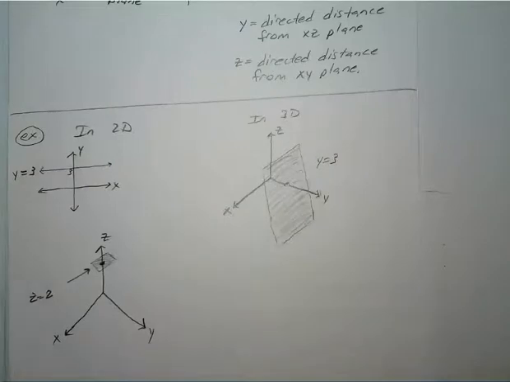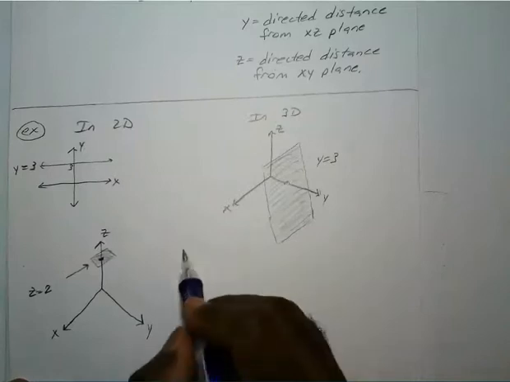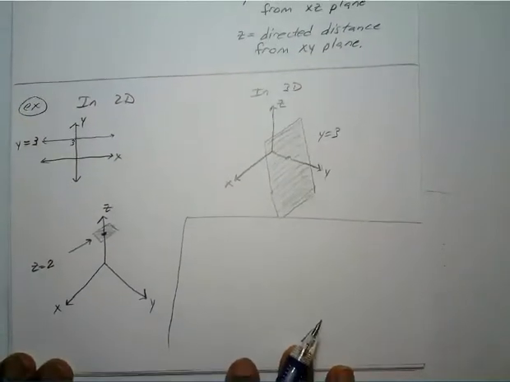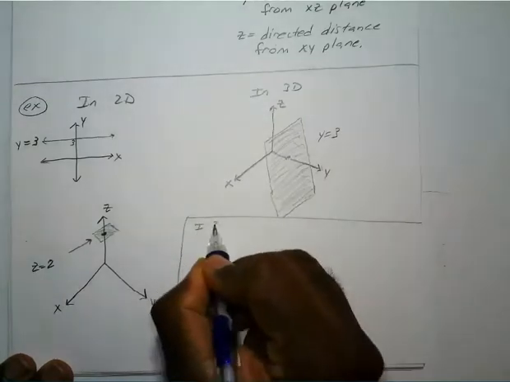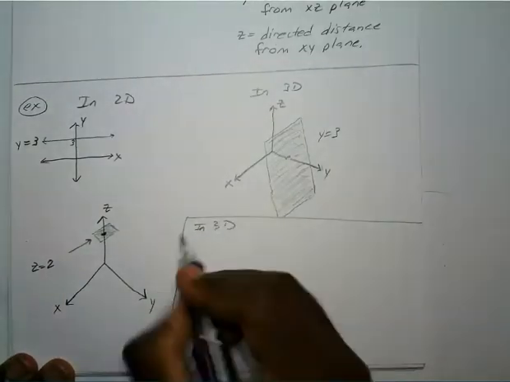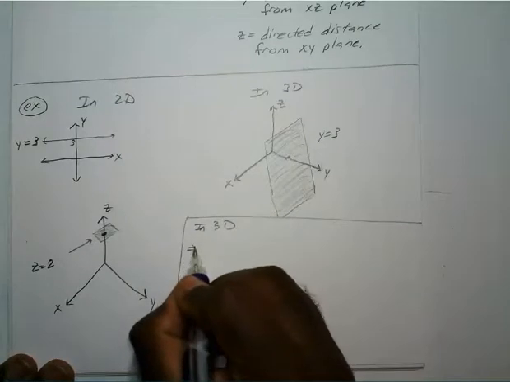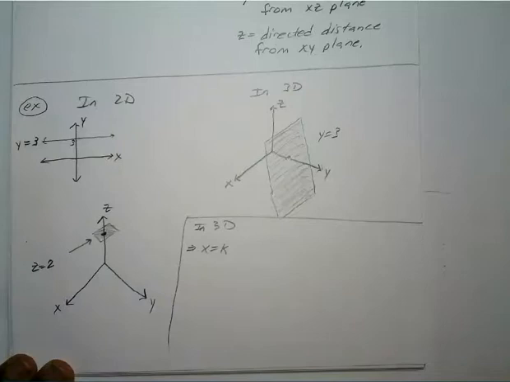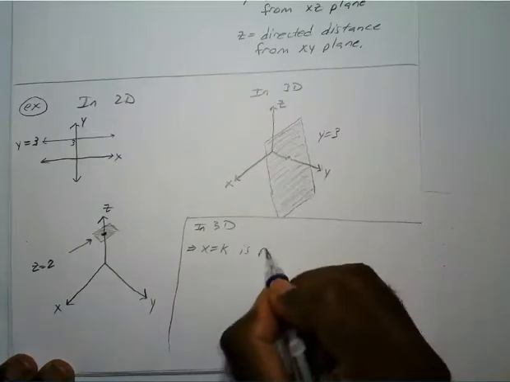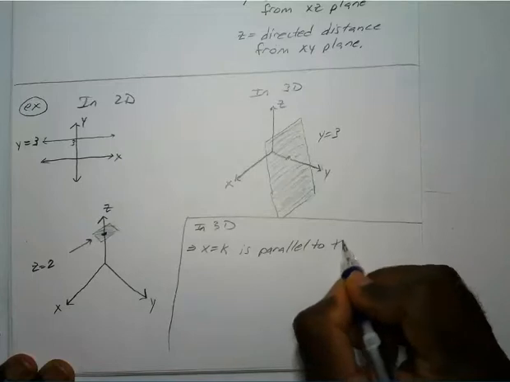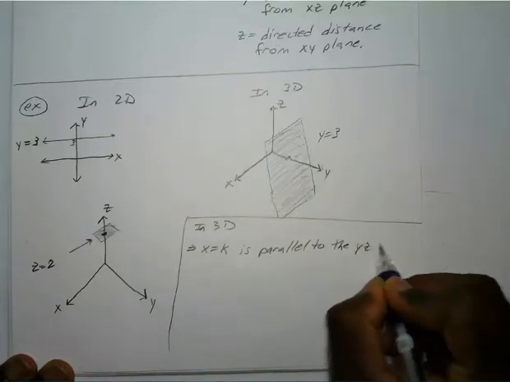Okay, so what does this tell us? In 3 dimensions, we can say a couple of things. In 3 dimensions, X equals some value of K is parallel to the YZ plane.